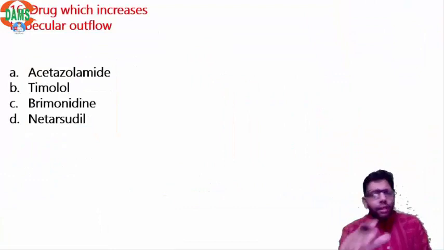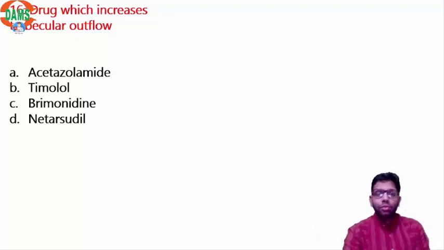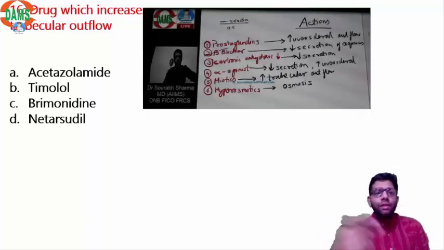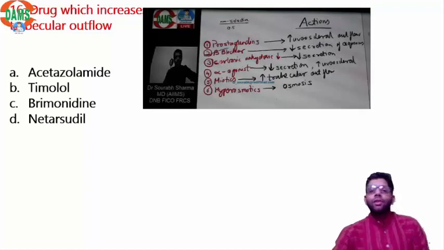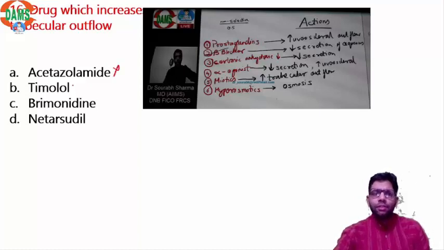The pharmacology and ophthalmology question you can consider as a pharmacology question or an ophthalmology one. Drugs in glaucoma are a very important topic. So many questions in glaucoma, 4 to 5. Drugs which increase the trabecular outflow: increasing trabecular outflow is by miotics. Alright, miotics was not in the question. Acetazolamide decreases secretion, timolol decreases secretion, brimonidine decreases secretion and increases uveoscleral outflow as well.